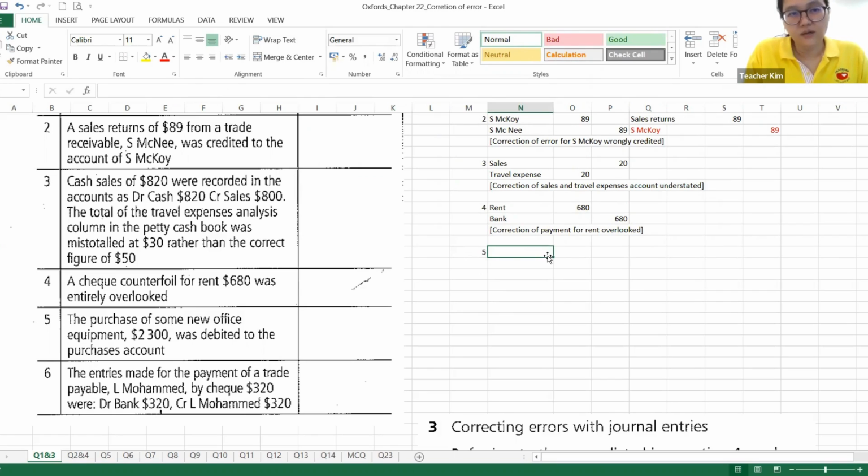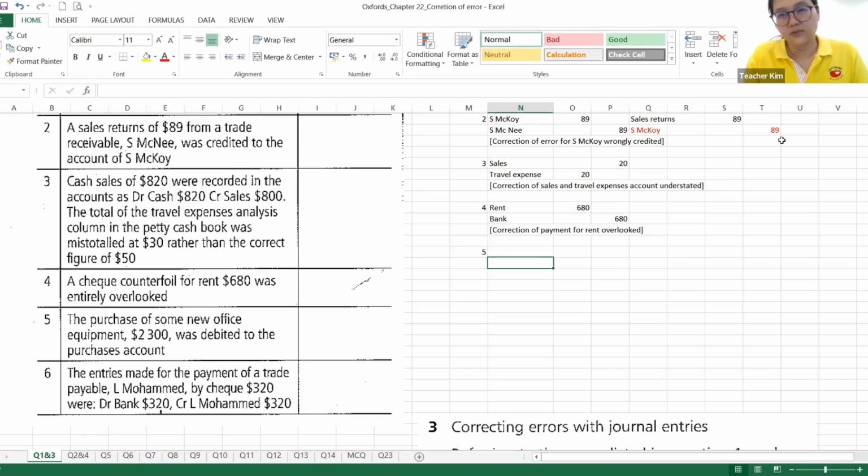The purchase of some new office equipment, 2,300, was debited to the purchases account. So here, purchases is the wrong account. That means we have to credit.